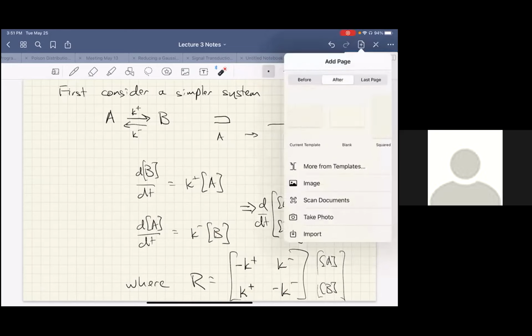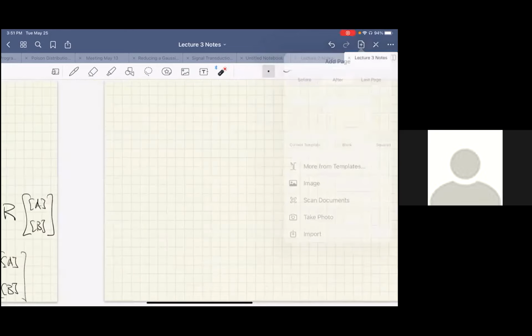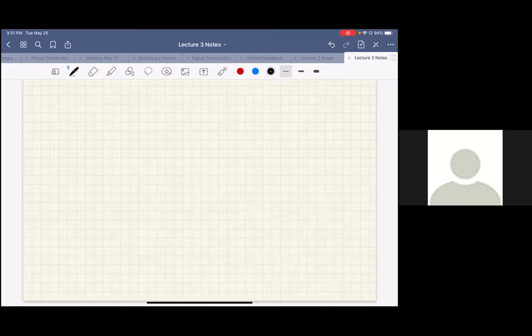So we end up with a differential equation, d by dt of the concentration of A and the concentration of B is equal to my rate matrix.